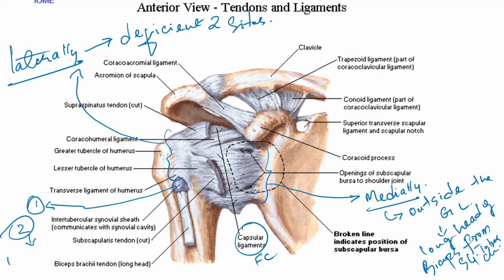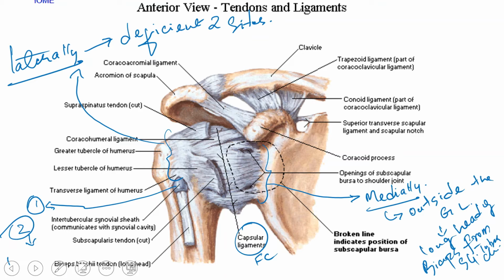So it extends about 1 centimeter below to encroach onto the surgical neck of the humerus. So these are the two deficit points where the fibrous capsule is devoid in case of its attachment over the lateral end.